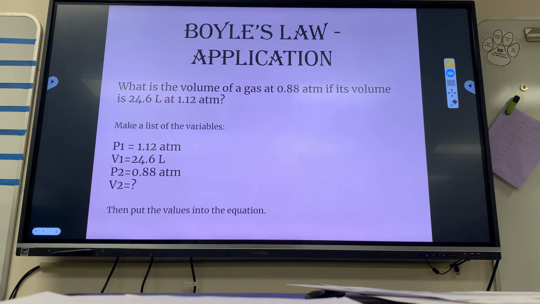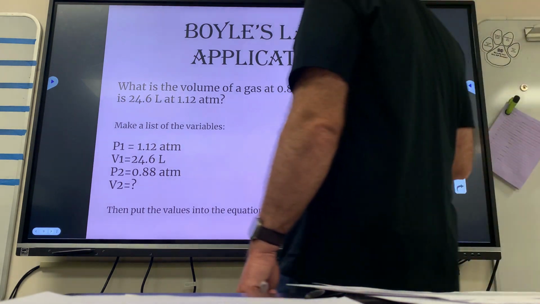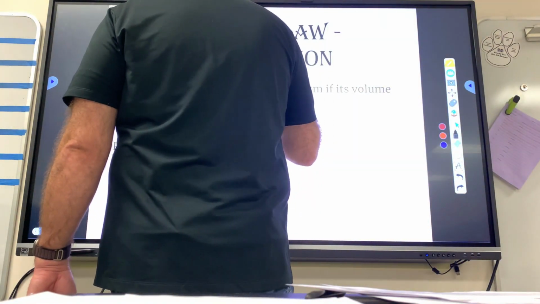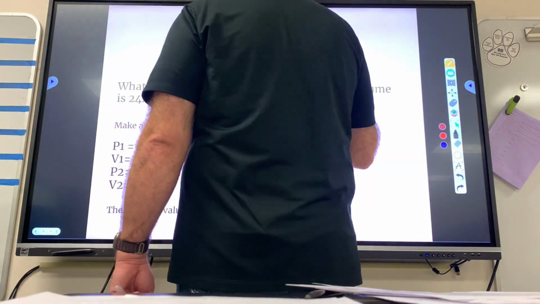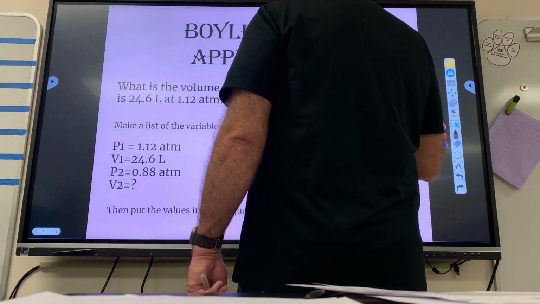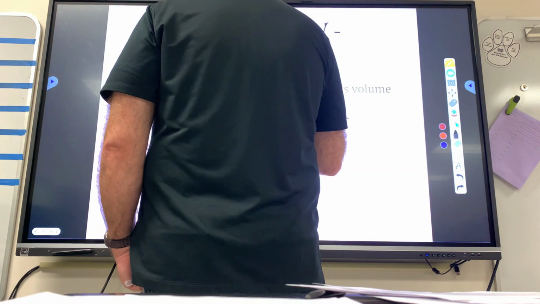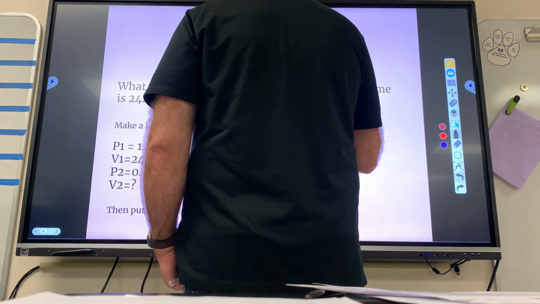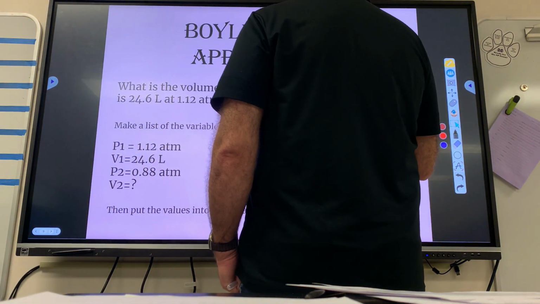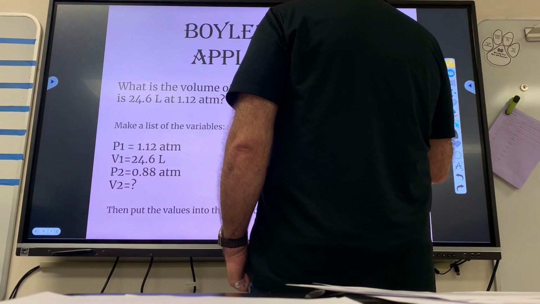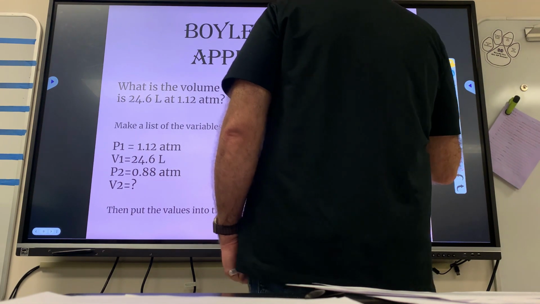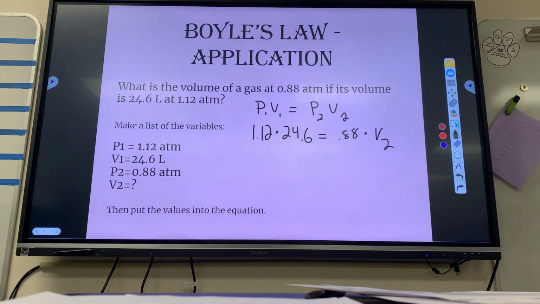So let's do some math. P1V1 equals P2V2. And now we start filling in the blanks. So now we have a math problem that we're trying to solve for V2.